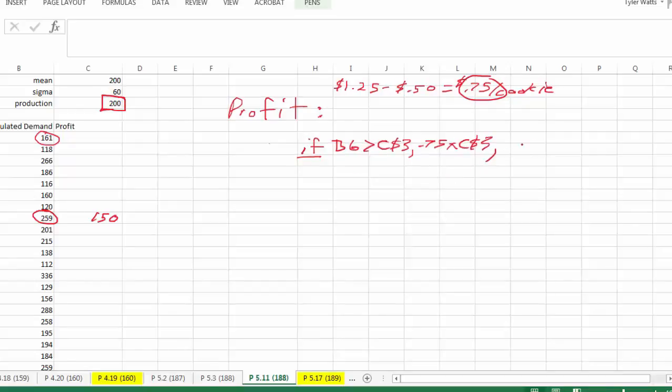And if it's not, we're going to make 75 cents times the actual demand, B6, minus 10 cents times the difference between what we produce and what we sell. So that's 10 cents times C3 minus B6. This is what we have to now convert into Excel formula logic. But we'll hold this over here as a reference, and we'll see if we can do that.